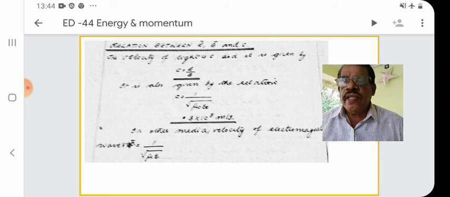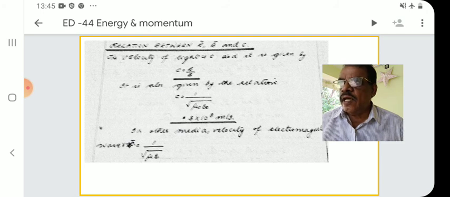The velocity of light is C. It is given by C is E by B, where E is the electric field vector and B is the magnetic field vector. And it is also given by C is 1 by root of mu 0 epsilon 0, where mu 0 is the permeability of free space and epsilon 0 is the permittivity of free space.